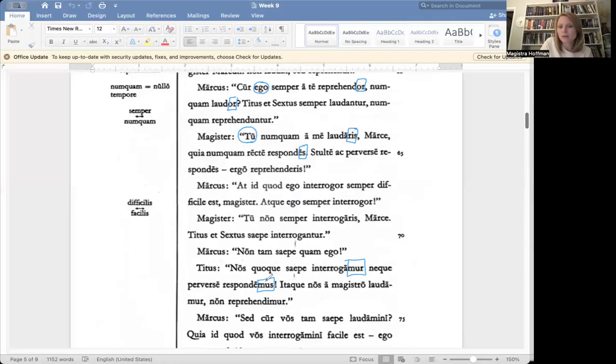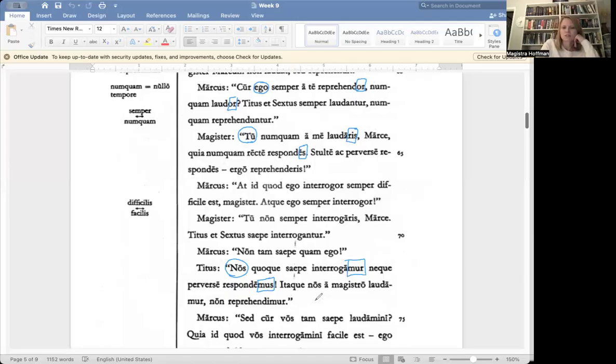They both mean we. And we see we have this pronoun here just for emphasis. So we, now there's a we in here too. We also often are being asked, and we do not respond incorrectly or wrongly.